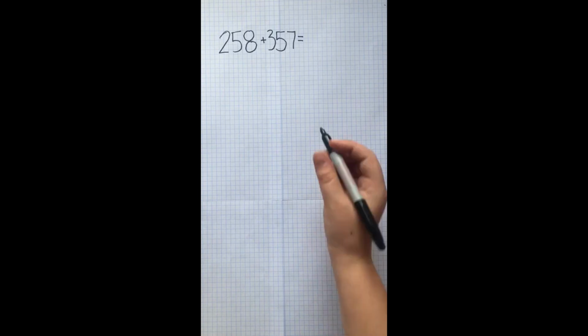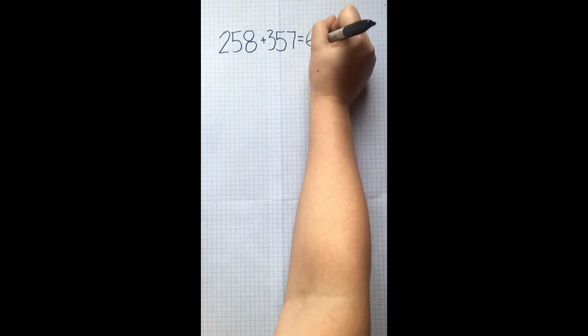We have now solved this equation both pictorially and concretely. 258 plus 357 leaves us with 615.